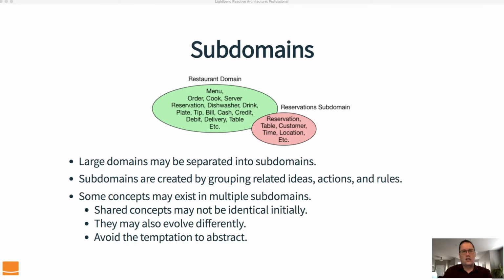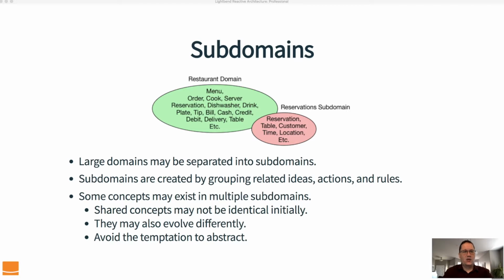Those are all specifically related to creating a reservation. So we might look at that and say, well, perhaps there's a reservations subdomain that deals just with creating reservations within our restaurant. And we can extract that out into a separate set of terms and a separate ubiquitous language. In fact, we can extract it out into a separate model.